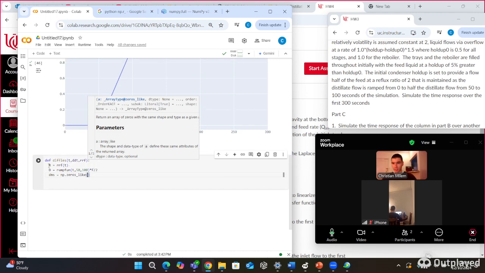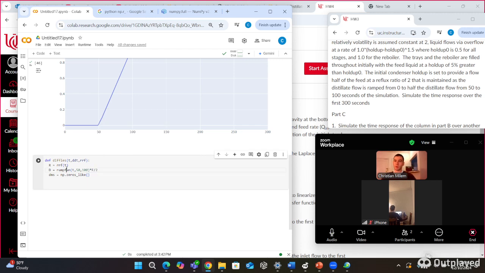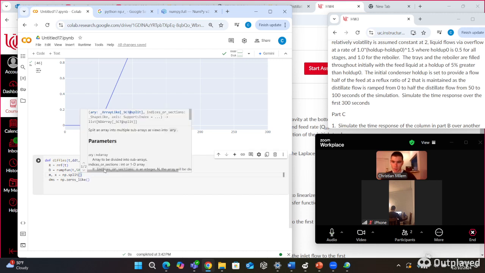Oh shoot, we need to set what our DDT is. So that's going to be M and then X, which is going to be dot T dot split, DDT and 2.